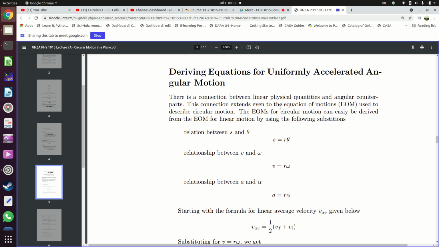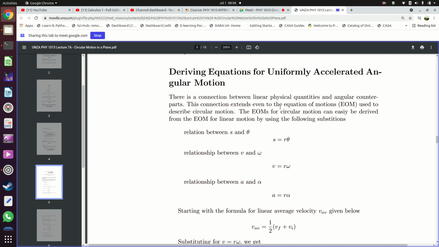Now, the idea of angular acceleration tries to say that it's possible that something can rotate faster than it's rotating. Something can go around a circle faster, but what's more practical is that something can spin faster. For example, your fan can turn faster. Or the tires of your car or your bicycle: you can ride your bicycle faster and faster, so the angular velocity of the tires can increase.